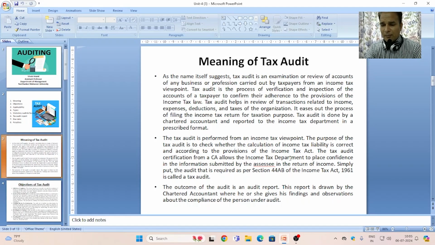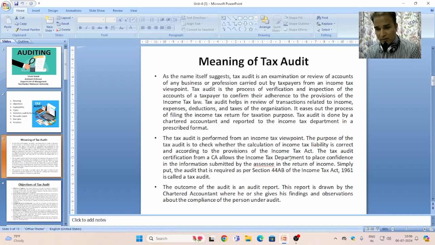There are various limits to submit the income tax report. Tax audit is performed from an income tax viewpoint. The purpose of tax audit is to check whether the calculation of income tax liability is correct and according to the provisions of income tax law.